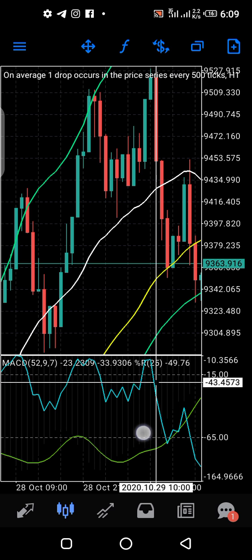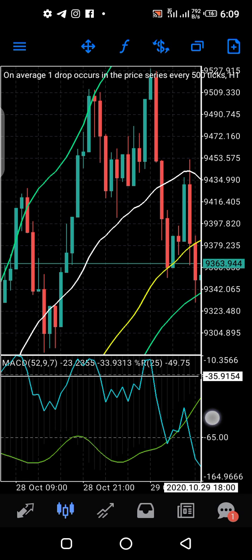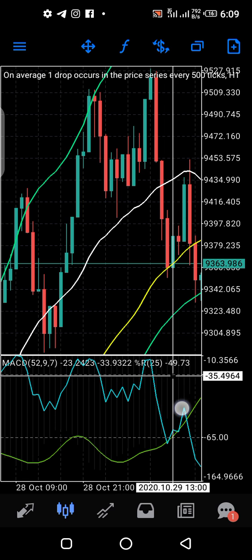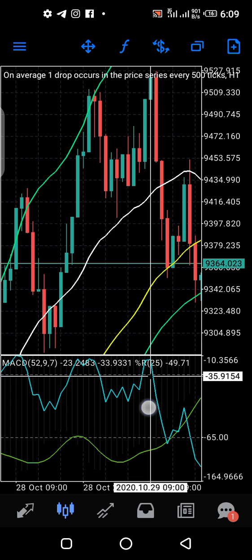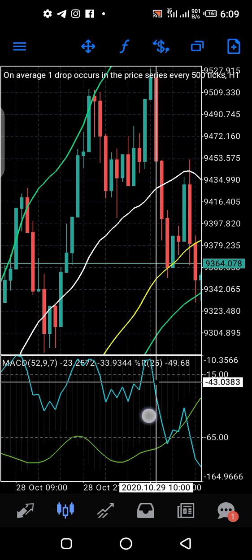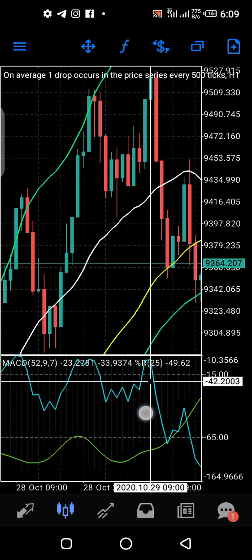Don't forget, once it crosses this 15 dotted line and comes down a little, just place your trade. Don't be scared. This strategy has been tested and it's working perfectly.